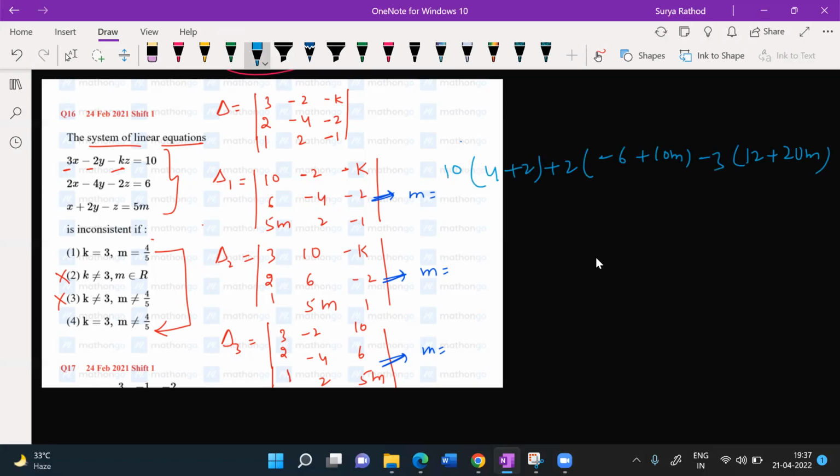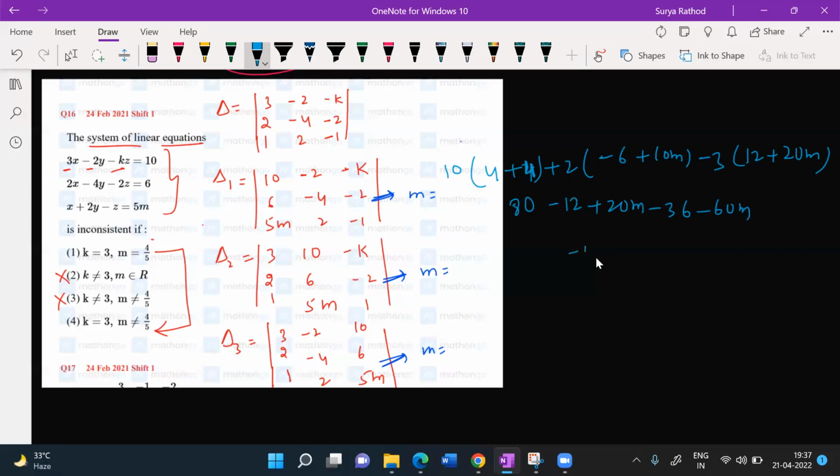So solving all this, what do you get? 6 is nothing but 60. So 4, my bad, 4. So 80 minus 12 plus 20m minus 36 minus 60m. What do you get now?